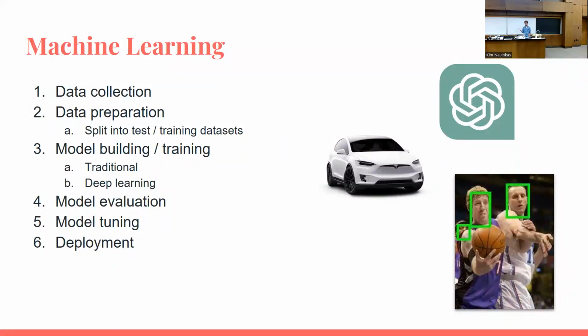Then you need to prep your data. Typically you need to clean it up a bit. Sometimes you need to transform it so that it's in a slightly different form and your model can learn from it better. But you always need to split your collected data into test and training data sets, so that you train your model on about 85% of your data, and then you test it out on the other 15% to see how well it's working.